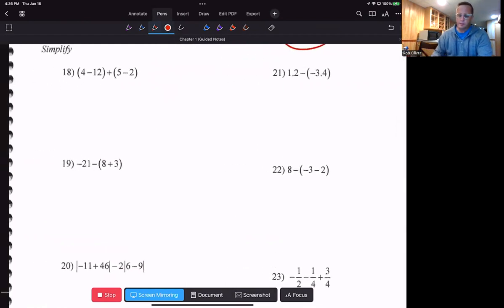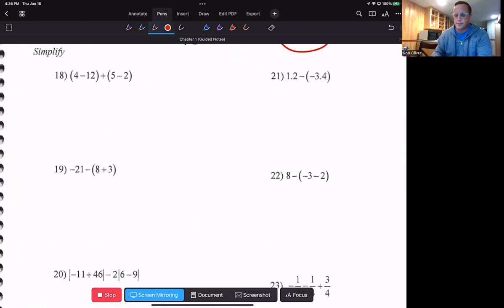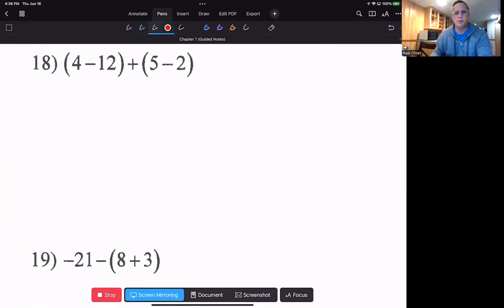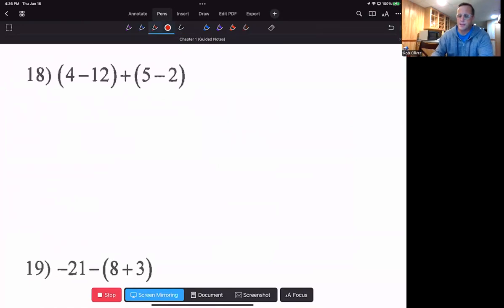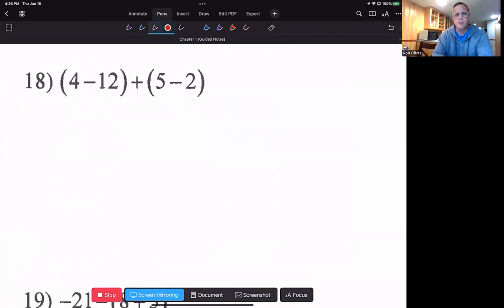All right, so we got some examples here to run through. For number 18, for these, we just want to follow the order of operations and see how to deal with these numbers. So for number 18, we're going to do the parentheses first.